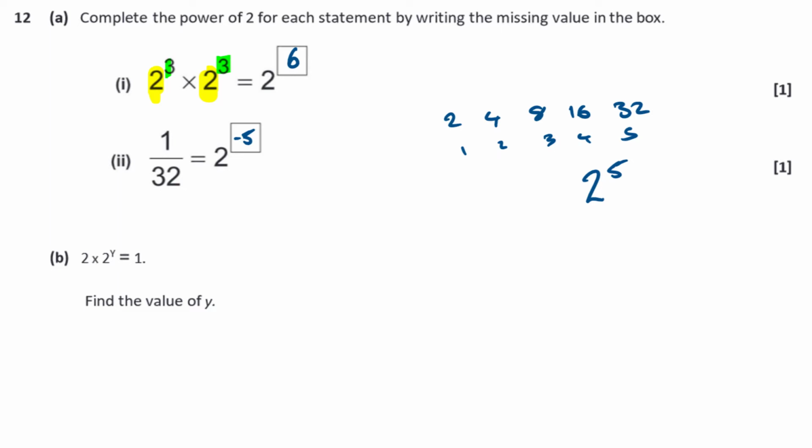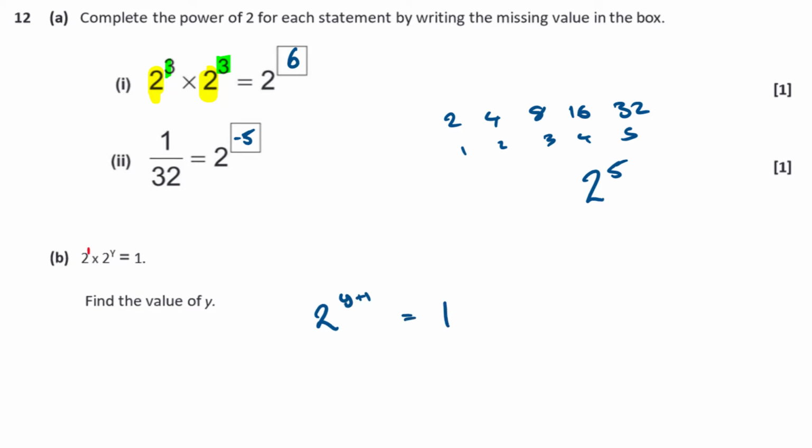2 times 2 to the power of y is equal to 1. Okay, what is the value of y? Well, 2 times 2 to the y, that's the same thing as 2 to the 1 times 2 to the y. In other words, if I add those two powers together, I'm going to get 2 to the power of y plus 1, and that is equal to 1.